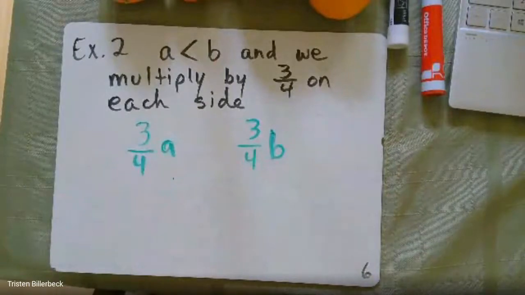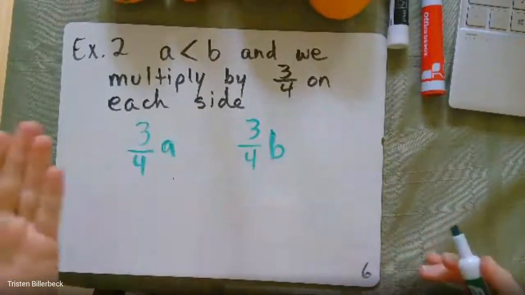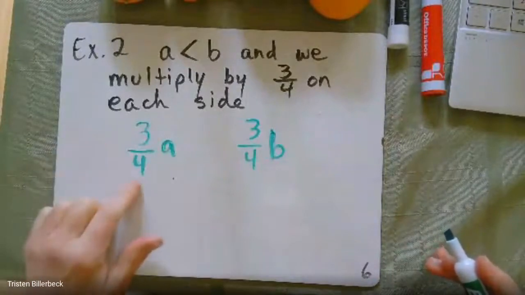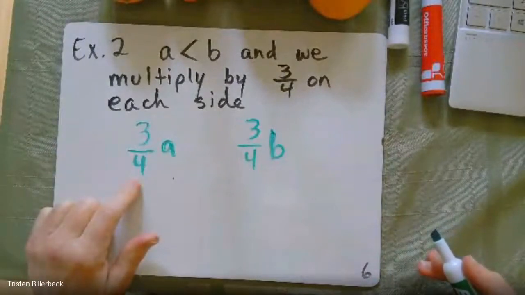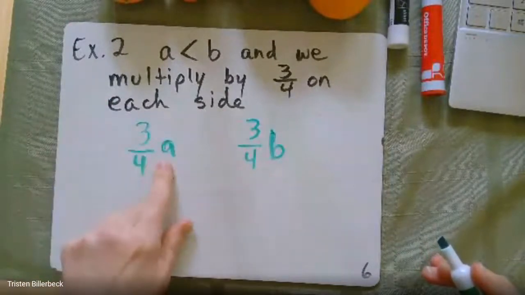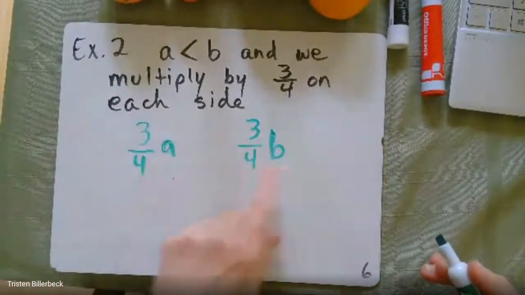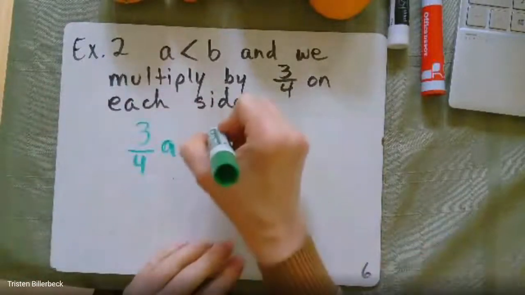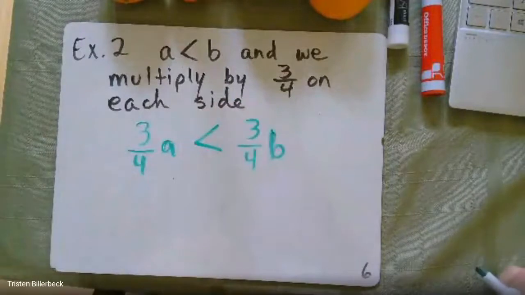Well, the rule says if K is greater than 0, which 3/4 is, and we multiply it on both sides, then this is still not going to change the inequality. So it's still going to be less than.